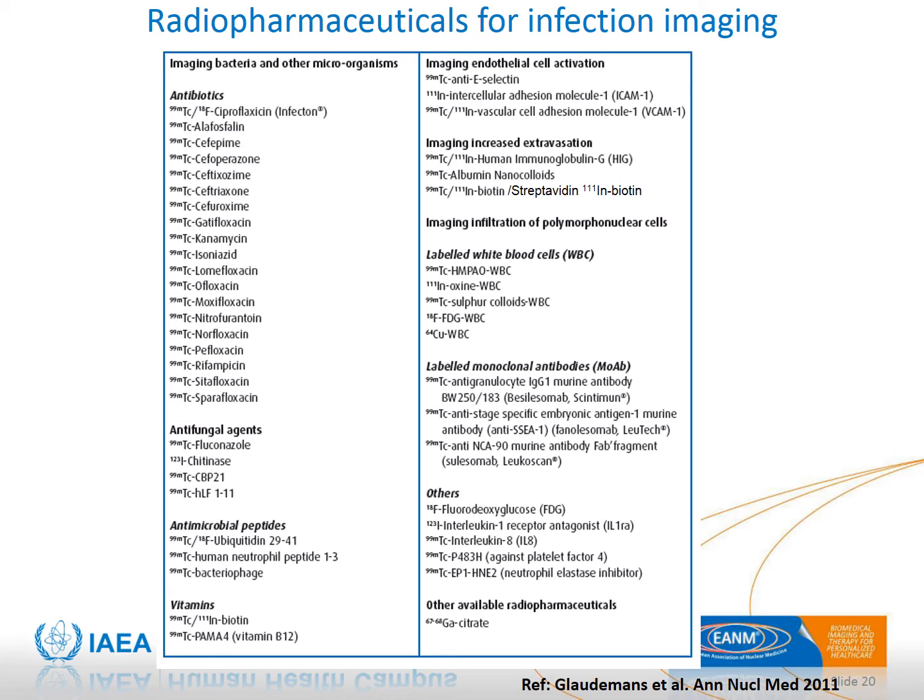We will look at some of the more commonly and routinely used radiopharmaceuticals. These include gallium citrate, labeled white blood cells, labeled monoclonal antibodies, and finally fluorodeoxyglucose.